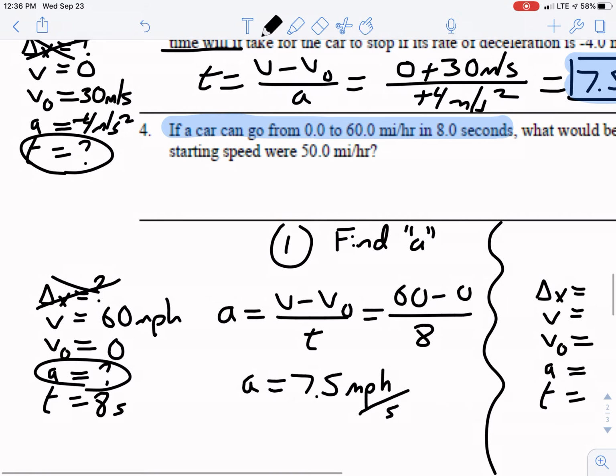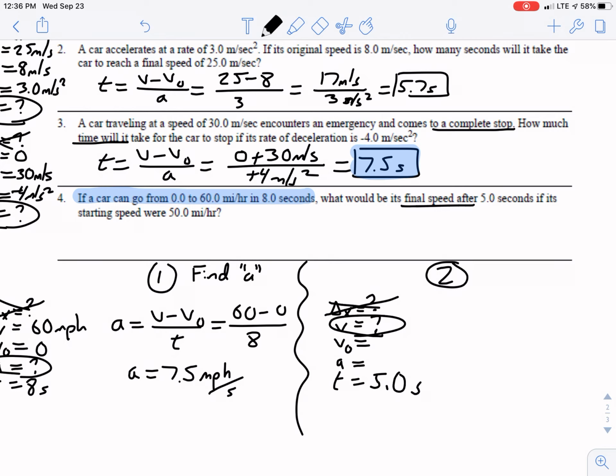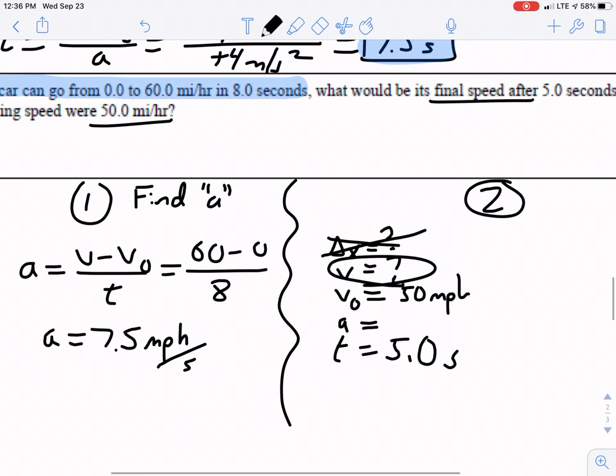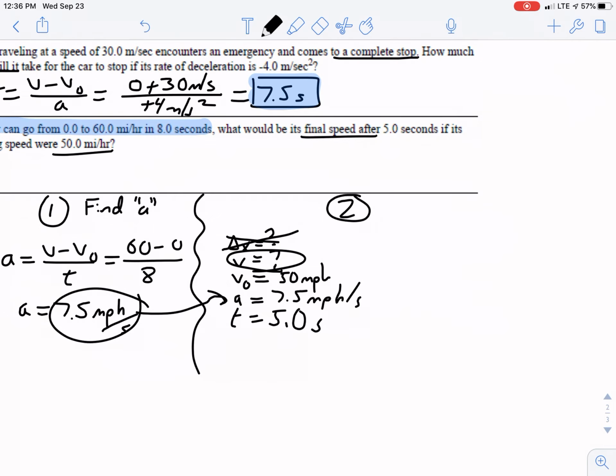That's my acceleration, right? Okay, well, why is that necessary? Because it then asks what the final speed would be. Now, that's our main unknown in the problem. Again, we don't know the displacement, but I don't care. After 5 seconds, we have a new time, if its original starting speed were 50 miles per hour. So what's the catch? It's the same acceleration. So what we found here needs to be applied right here, 7.5 miles per hour per second. So using the equation, v equals v naught plus a times t, we plug in values.